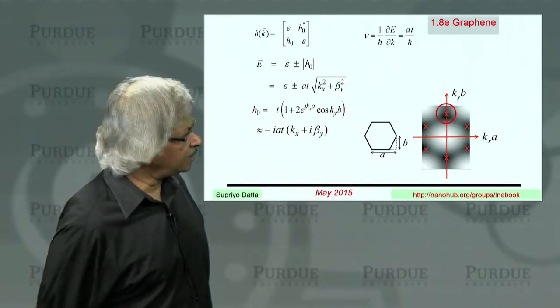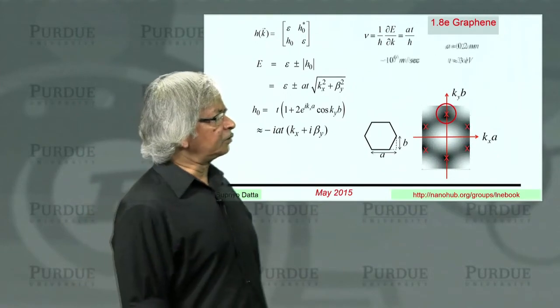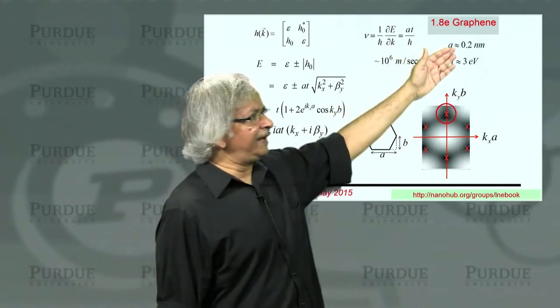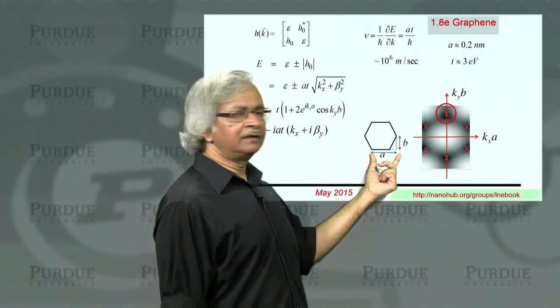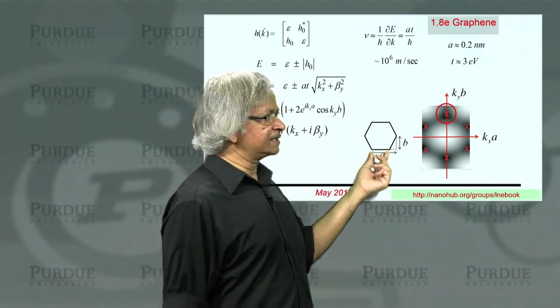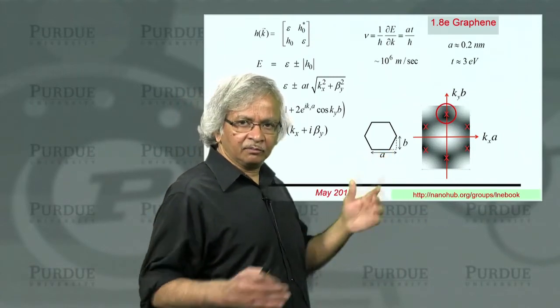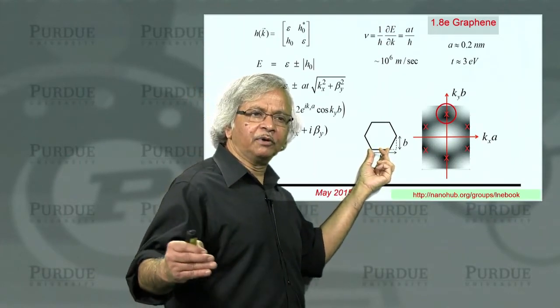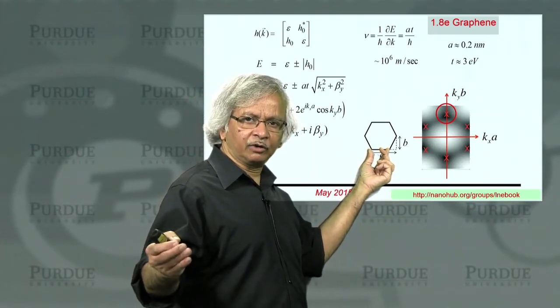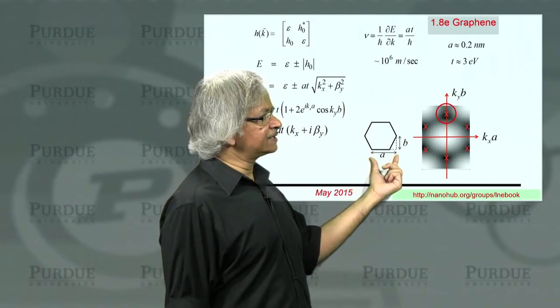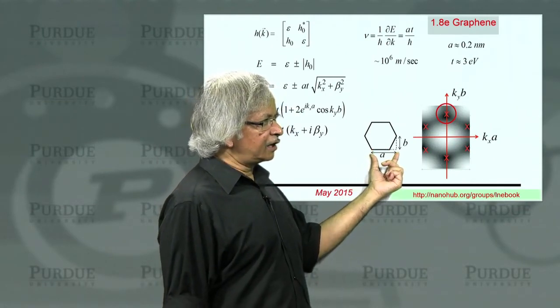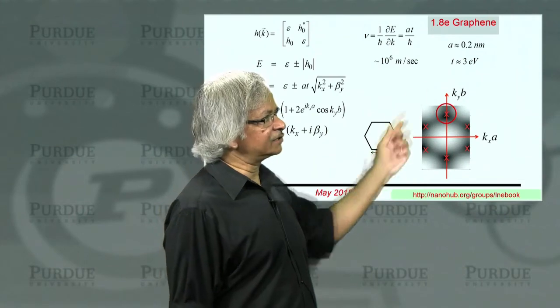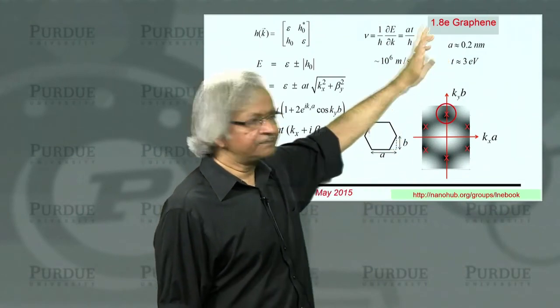And how much is that number? Well, you could estimate it. You could put in the values that A is, of course, that length, a very well-known number, in the sense this is the carbon-carbon bond length in graphene, which is well-known. I think it's about 1.4 angstroms, which is like 0.14 nanometers. And this is like 1.5 times that. So that comes to about 0.2 nanometers.